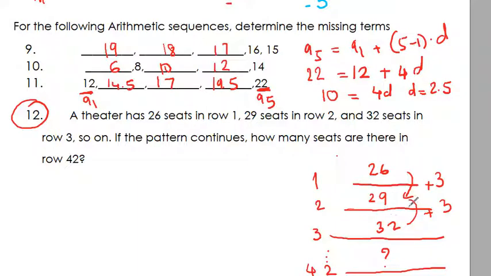So what kind of sequence is this? We have the sequence here: 26, next 29, next 32, and so on. We need to find a sub what?